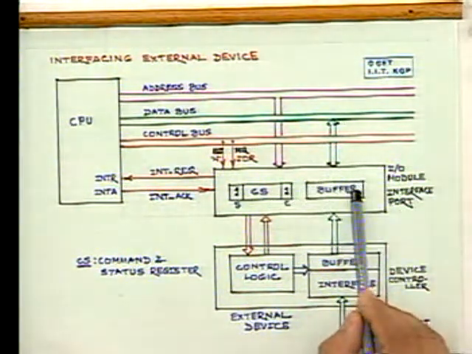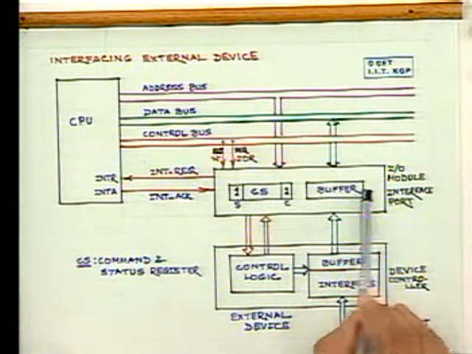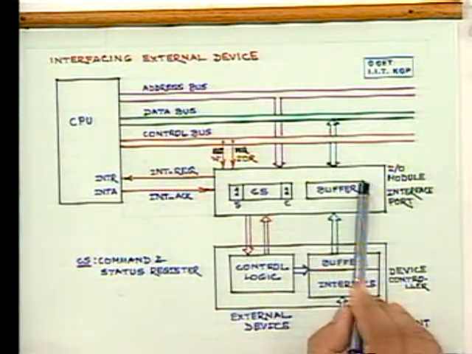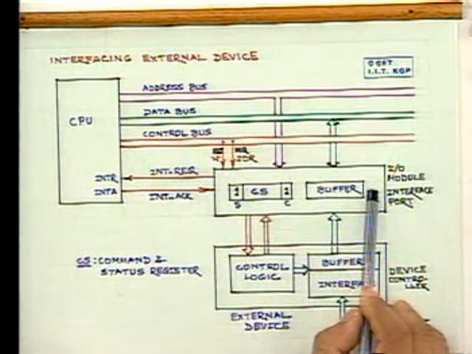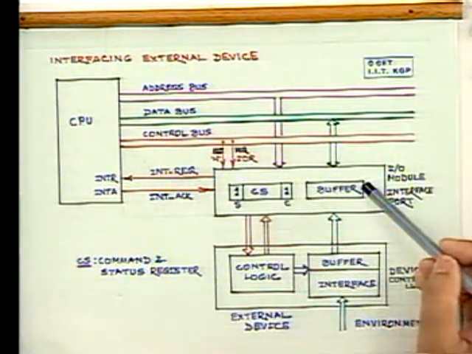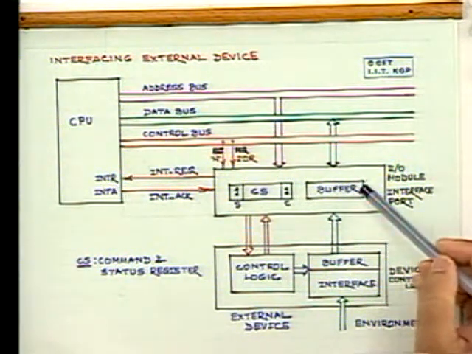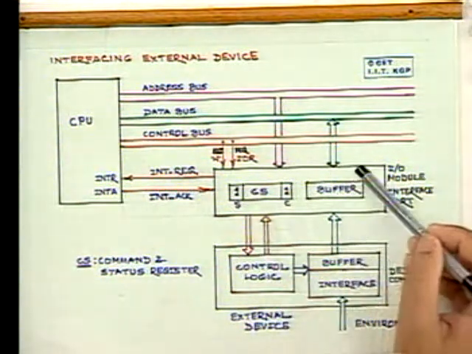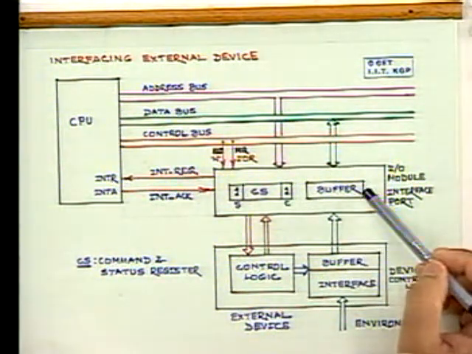The buffer register here, I showed it to be a single byte or word, but in many cases, for example a hard disk drive or floppy disk drive, that interface buffer may be quite big.